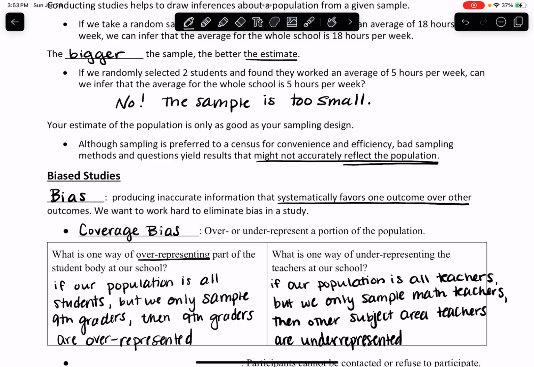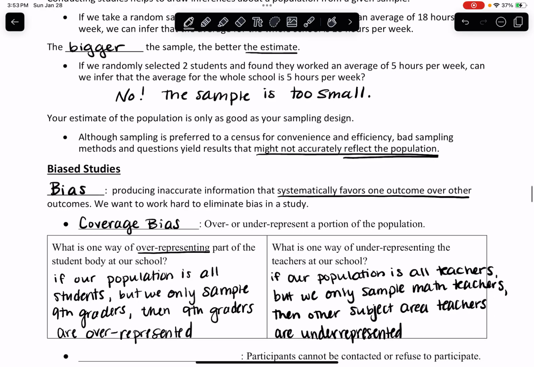So that's coverage bias. We're either overrepresenting or underrepresenting a portion of the population.